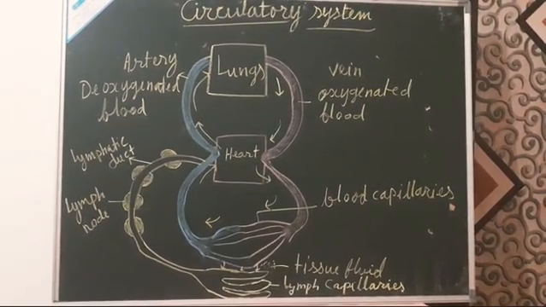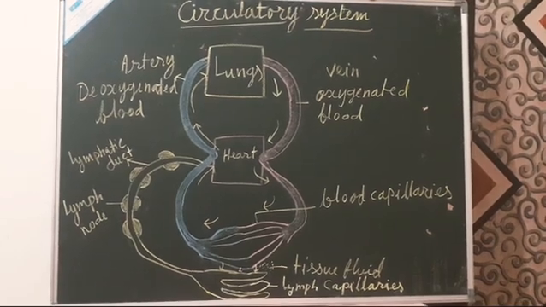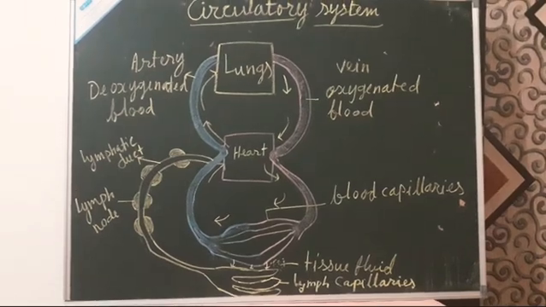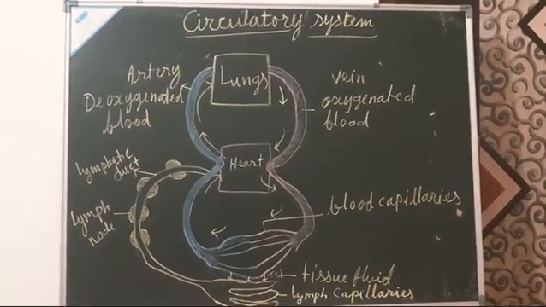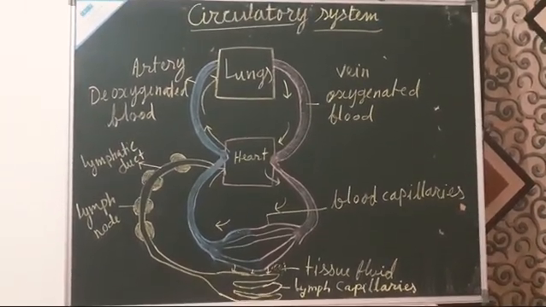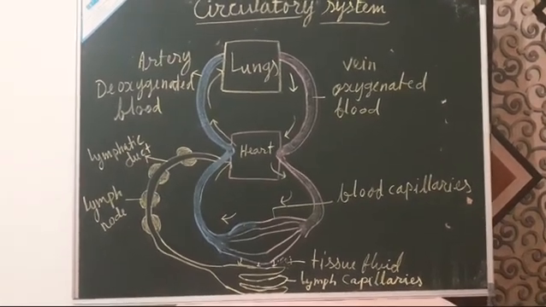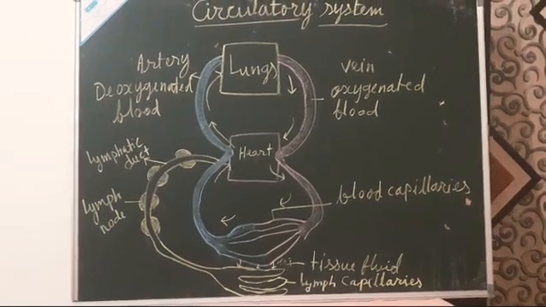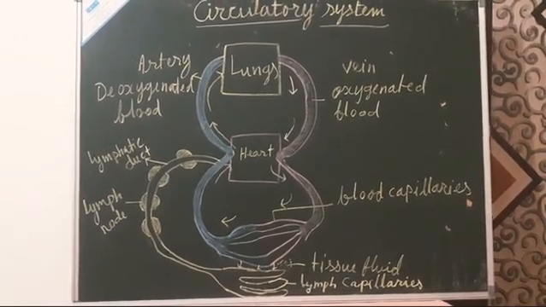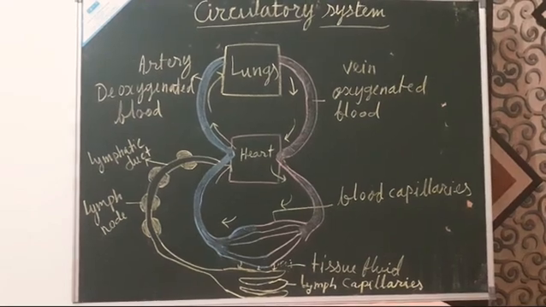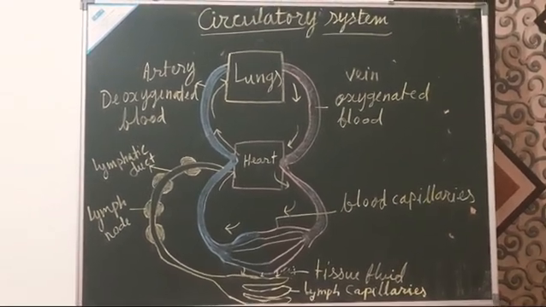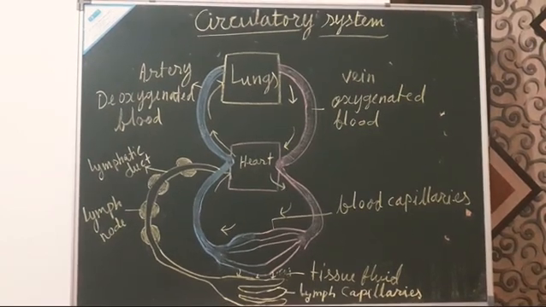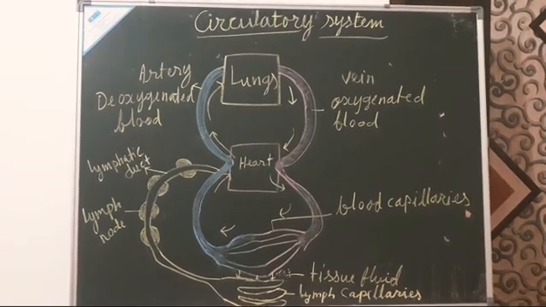Distribution of hormones. Hormones are secreted by special glands, the endocrine glands, which we will study in detail in a later chapter, and are put directly into the blood vessels and sent to the target organs or cells wherever required. Distribution of heat. The blood helps in keeping the temperature of the body uniform by distributing heat.